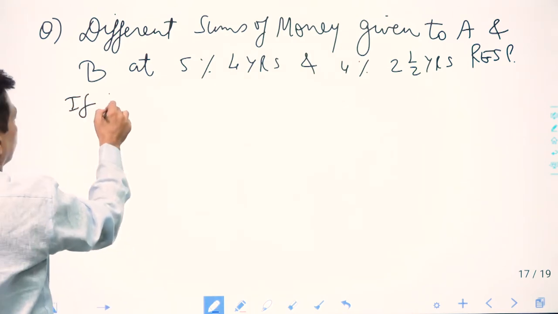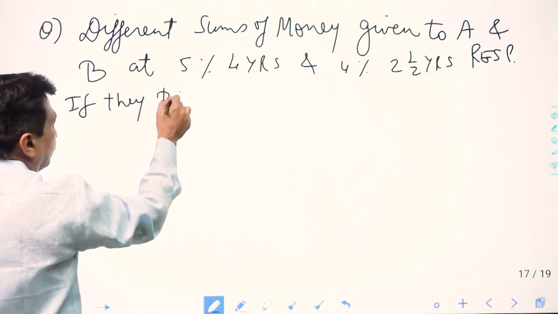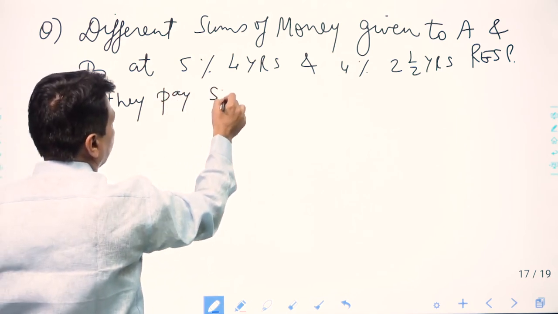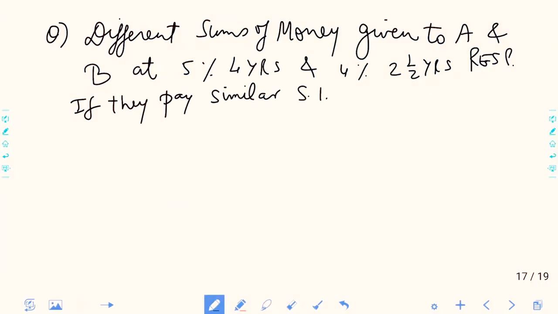If they pay similar simple interest, find the ratio of principals. I will repeat the question for those who are writing actually with me.